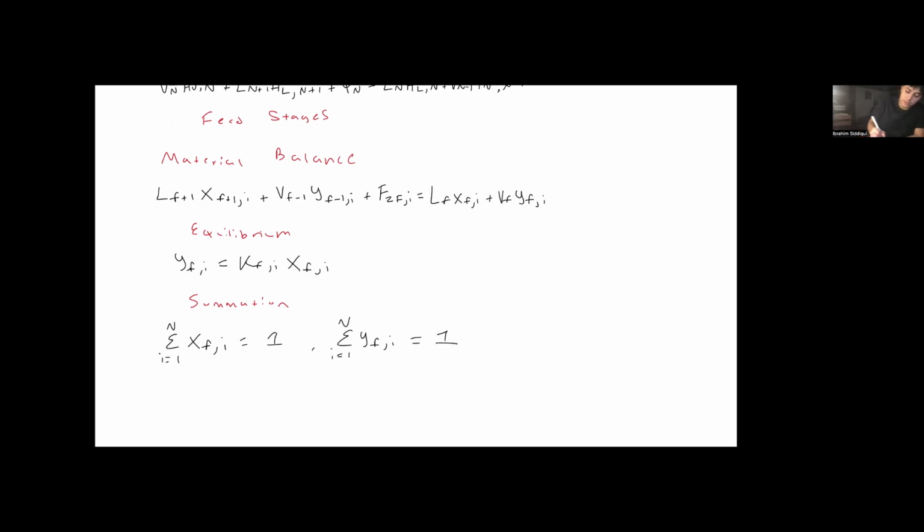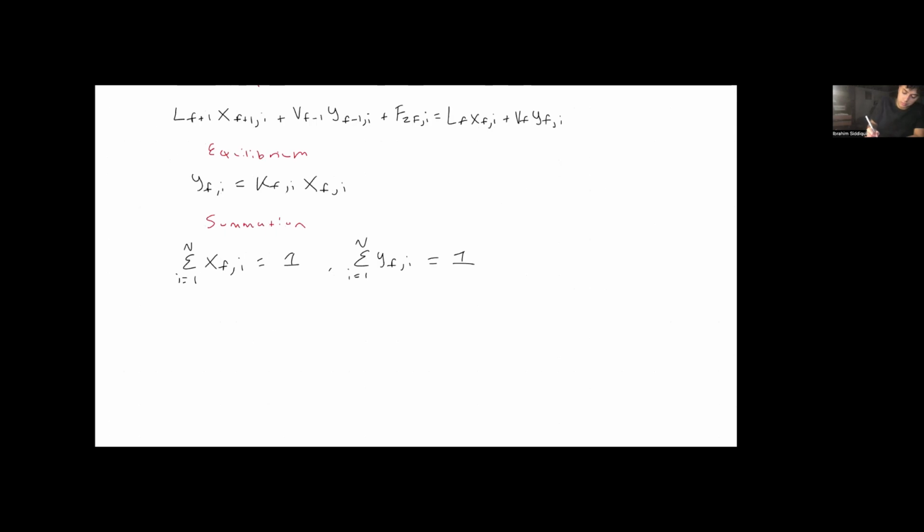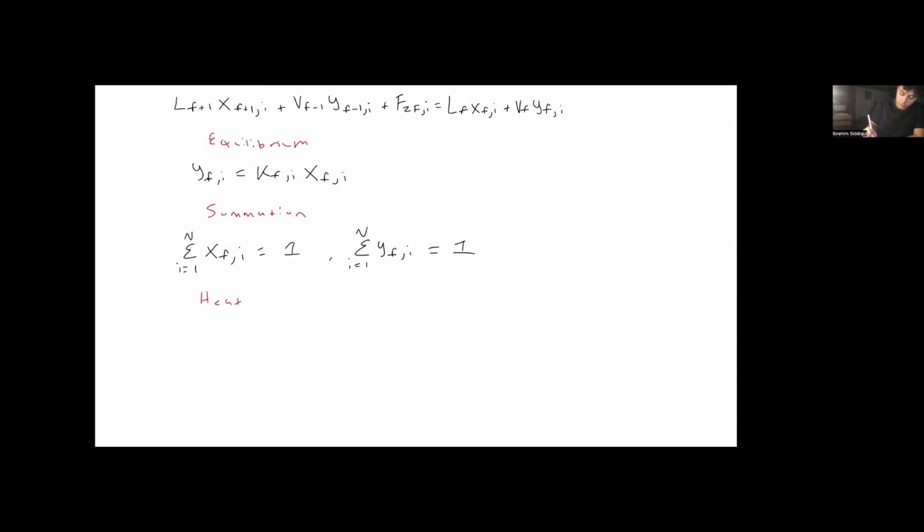Okay, so last but not least is going to be our heat balance for our feed. And for this, it's going to be our vapor flow at stage F multiplied by our vapor enthalpy at stage F, plus our liquid flow at stage F plus 1 multiplied by our liquid enthalpy at stage F plus 1, plus our heat added to or from our feed.